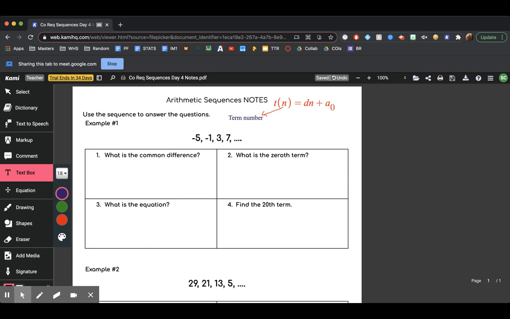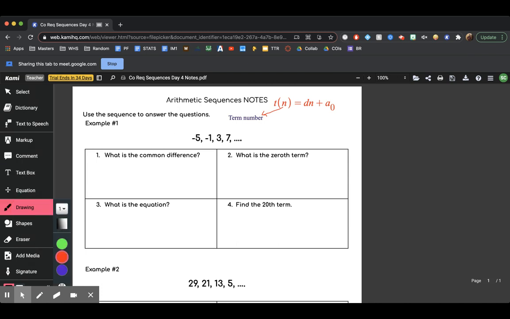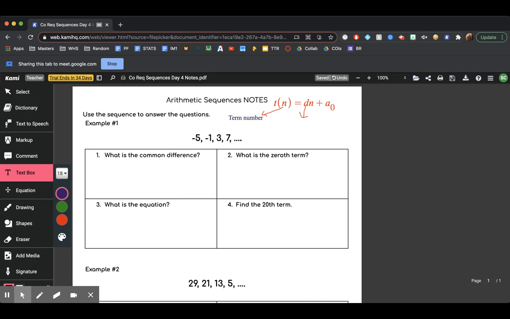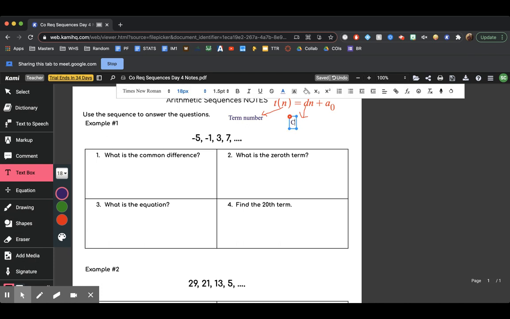And that is exactly what we will use. Okay, so the next part on our formula is d of n. And the d represents the common difference. Okay, so that's what we're gonna put here, the common difference. And the next n is exactly the same thing, term number.